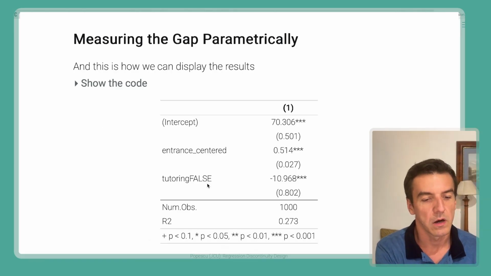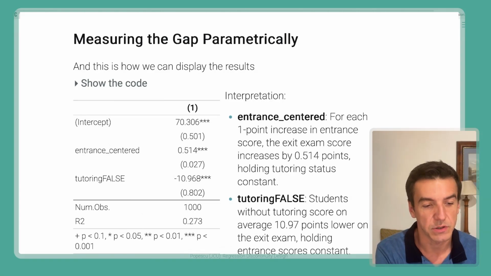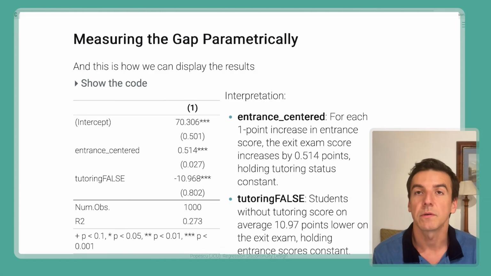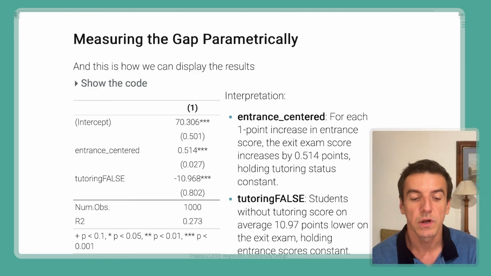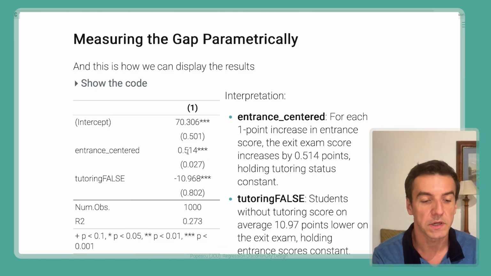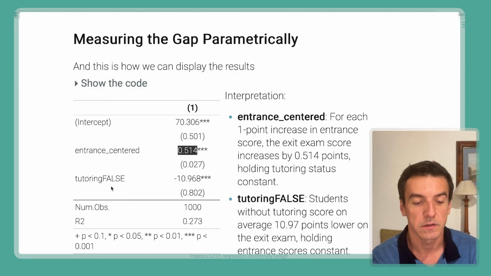So this is the table that I obtained. So this is the interpretation. So the entrance exam, we simply say that for each 1 point increase in entrance score, the exit exam increases by 0.514 points, holding the tutoring status constant.